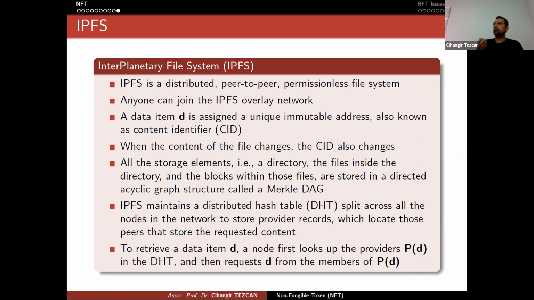But since most of the time you have the original image file, you can re-upload it to the IPFS. It will be split again into pieces and sent to the nodes again. Since the hashes of the split images will be the same as those included in this DHT table, whenever you need to download the NFT, now it will work. So this happened a lot. We contacted the marketplaces saying that these images are no longer available in the IPFS.